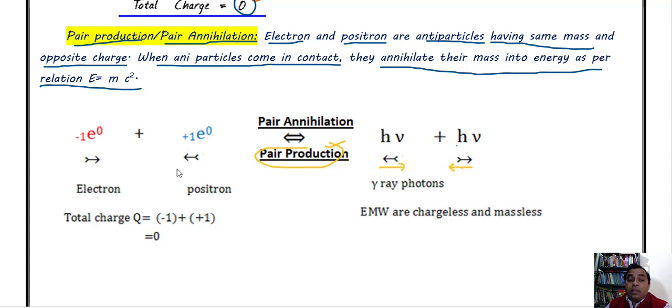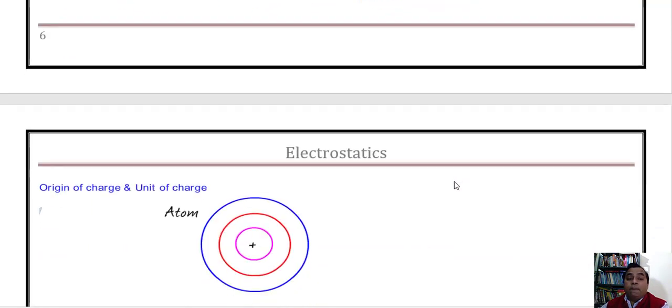They will produce one electron and one positron. Electron will have total charge -1, positron +1, total charge 0 here, and because electromagnetic waves are chargeless, massless energy packets, total charge is 0 before as well. It is also in follow-up of this principle of conservation of charge.